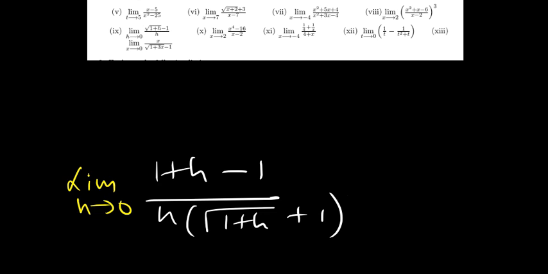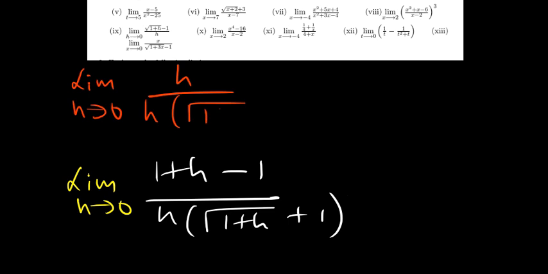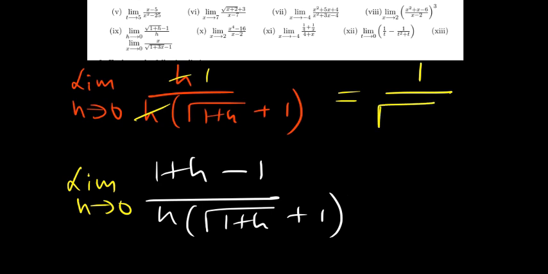So what we have here is the limit as h approaches 0 of h over h, and then in the brackets we have the square root of 1 plus h, plus a 1. So the h can divide clearly. Therefore you have 1 over root of 1 plus h, plus a 1. Obviously you can plug in a 0 for h at this point.